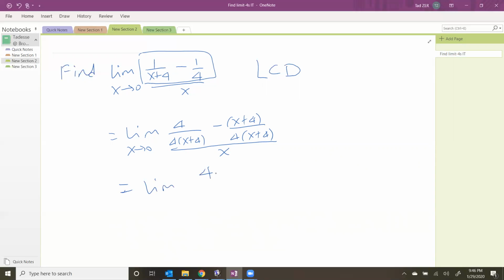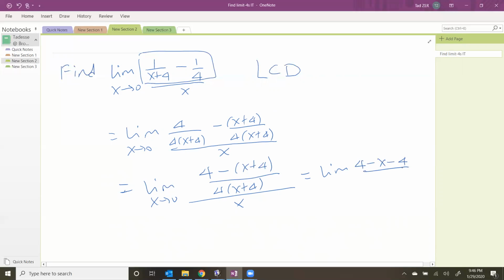That will give me 4 minus (x plus 4) divided by 4 times (x plus 4), everything divided by x, as x goes to 0. Now if you distribute the minus, it is 4 minus x minus 4, divided by 4 times (x plus 4), everything divided by x.